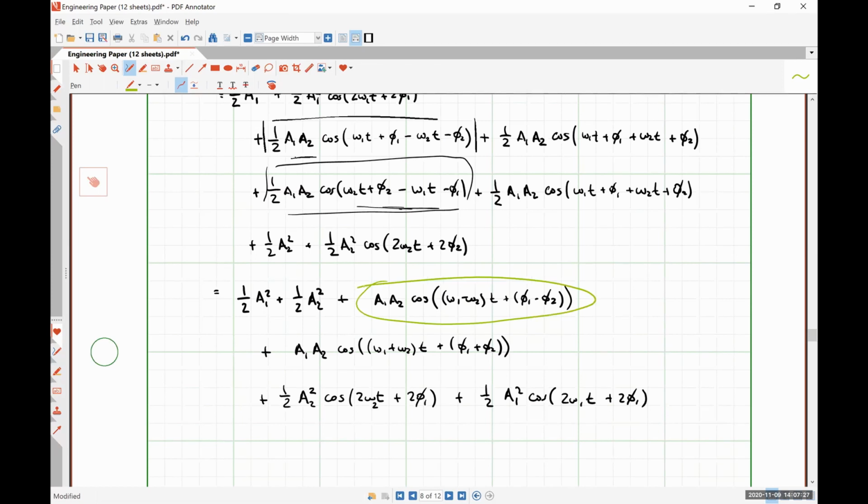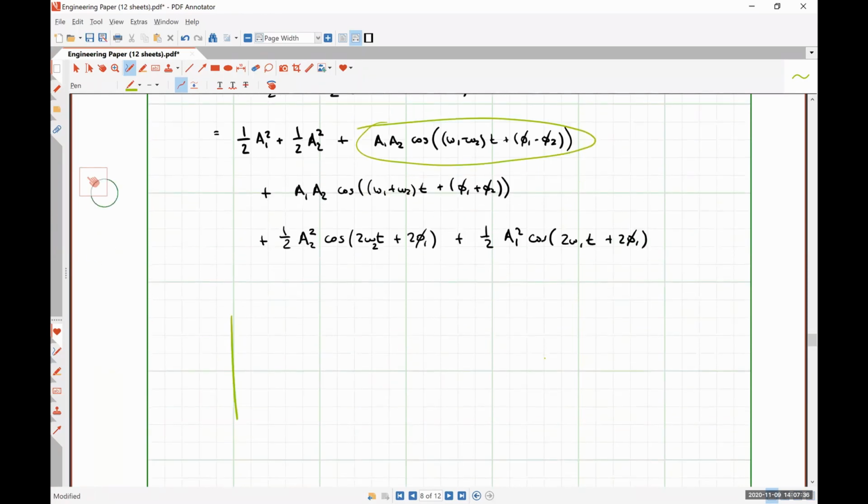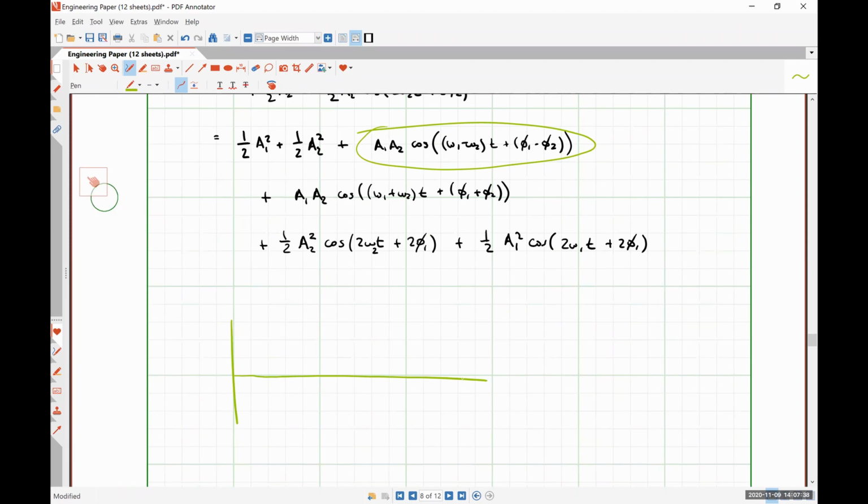This is cosine of omega 3, right? It's the difference of some frequencies, which is a frequency itself. So just for the sake of argument, I'm going to take a cosine function and pretend the phase angle is 0, but it doesn't really matter what the phase angle is.